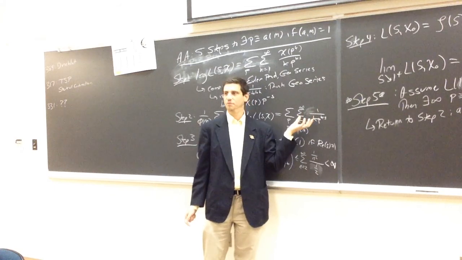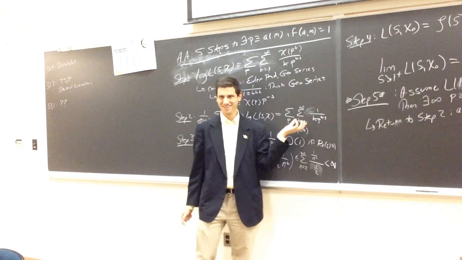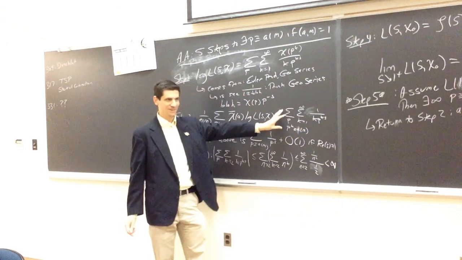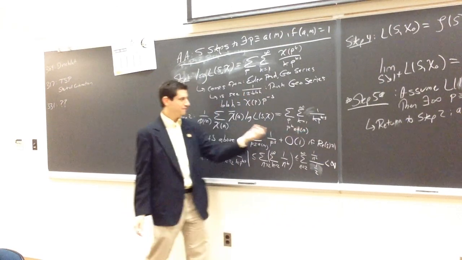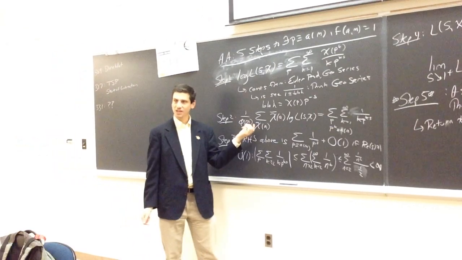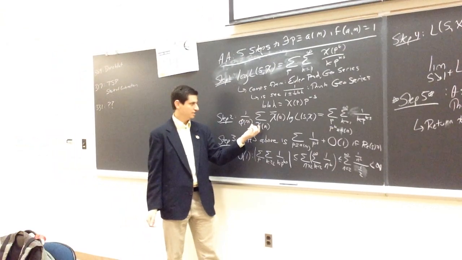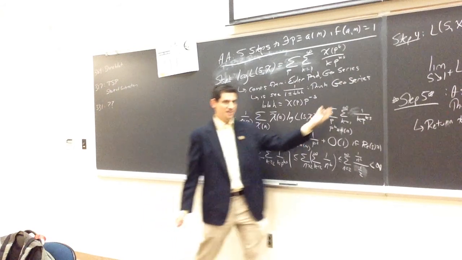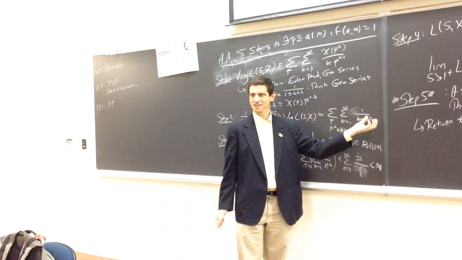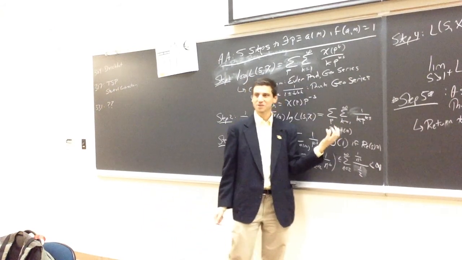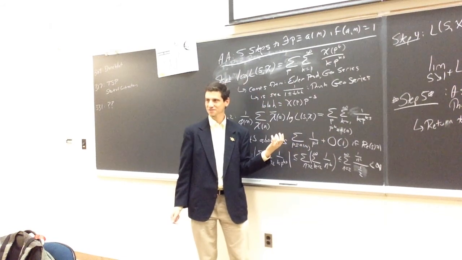What do you know about this sum? Non-negative, right? That's more than enough. It's non-negative. If L(1, chi) equaled 0 and chi did not equal its complex conjugate, this side is going to minus infinity, this side is non-negative. There is no way minus infinity can equal a non-negative number.